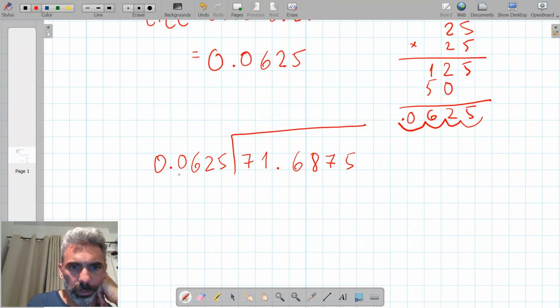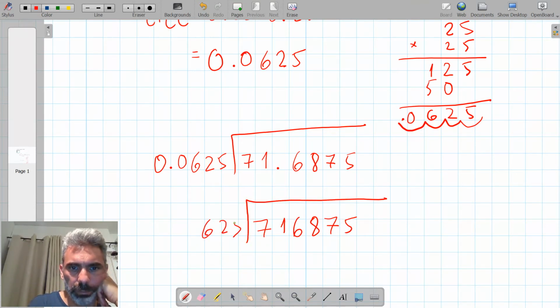So 1, 2, 3, 4. So 716,875 divided by 625. 625 goes into 716 one time. 1 times 625 is 625.